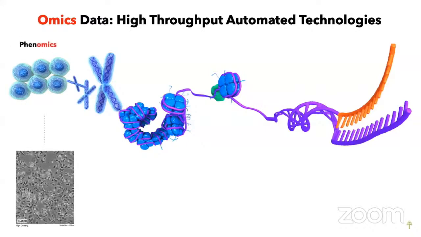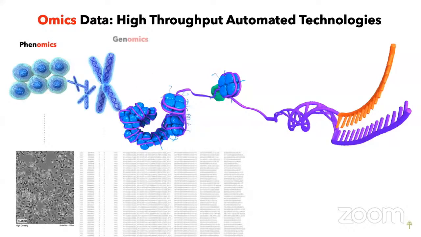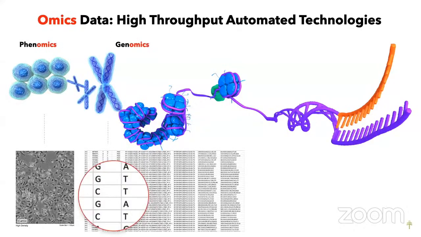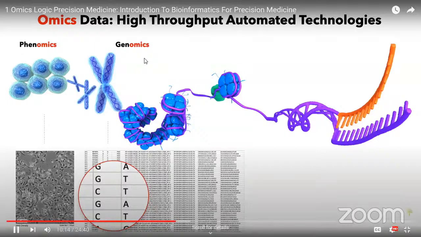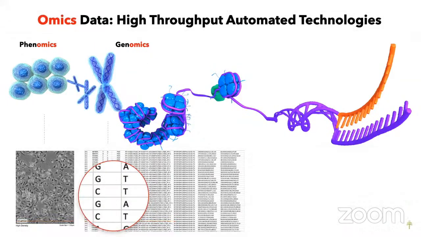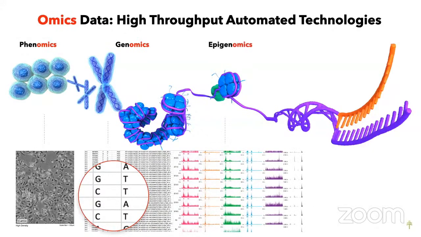Phenomics refers to high-throughput imaging or characterization of phenotype. Genomics allows us to identify mutations in the genome. So what is the observed sequence compared to the reference? Epigenomics allows us to study epigenetic variation, or variation that is not dependent on the actual sequence of the genome.